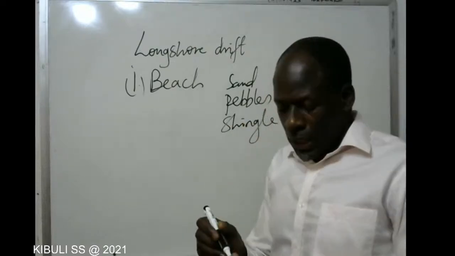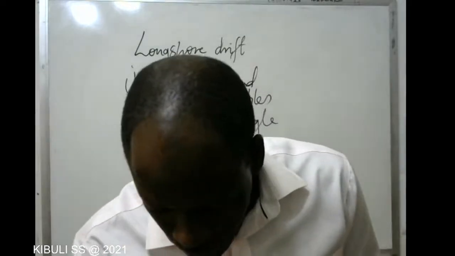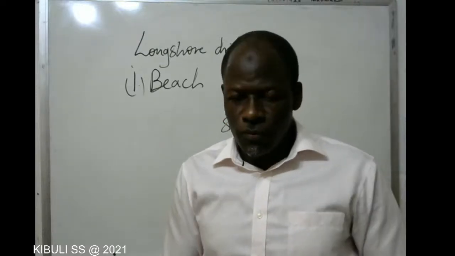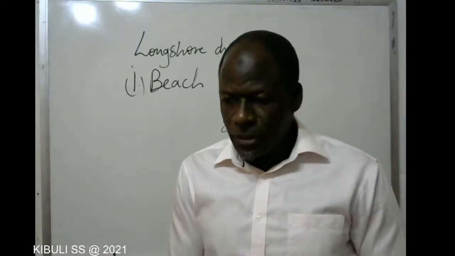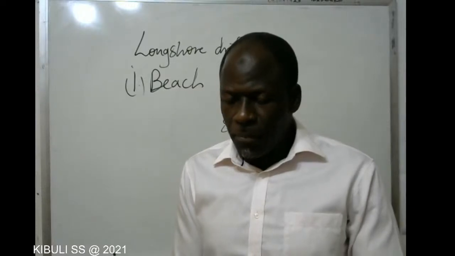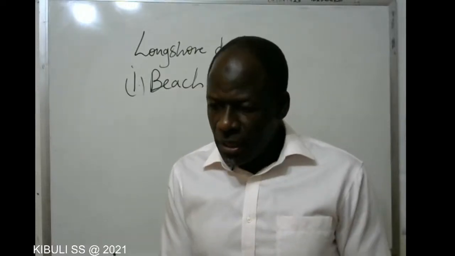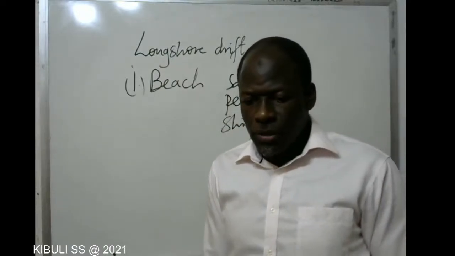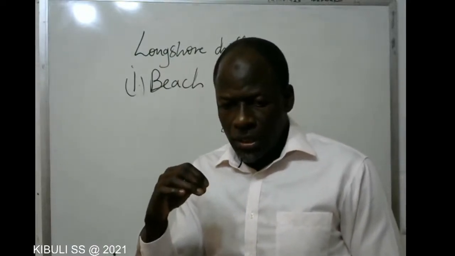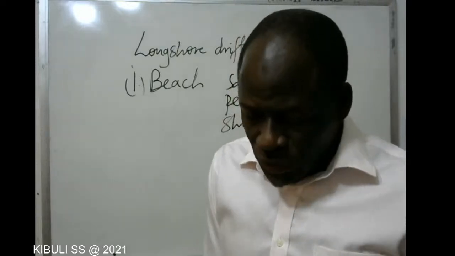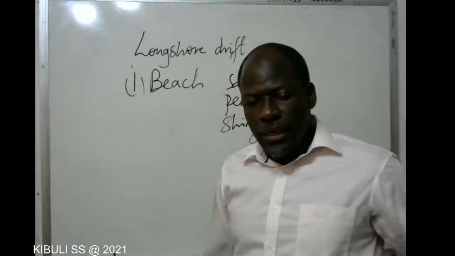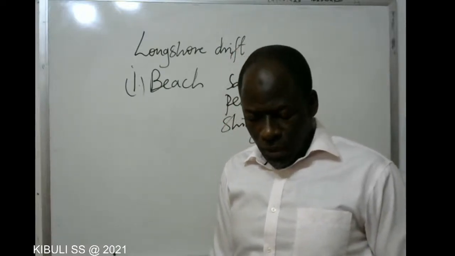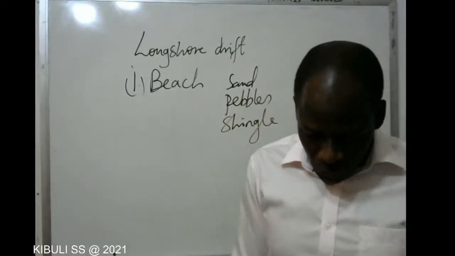Now shingle is basically those materials that comprise remains of dead organisms. Say there are some plants, algae and other plants that grow in the water. There are even shells or scales of water organisms. When they die, all those materials can be brought along the shore or along the coast by waves and deposited there.